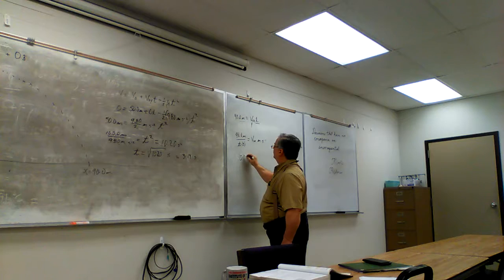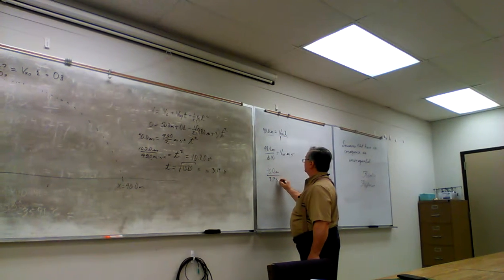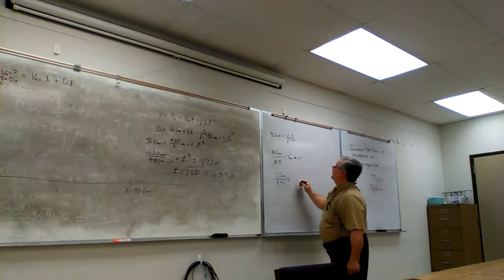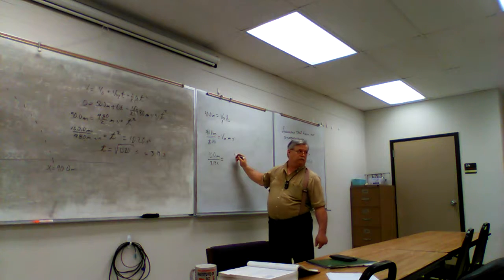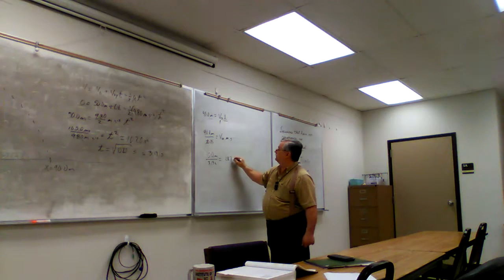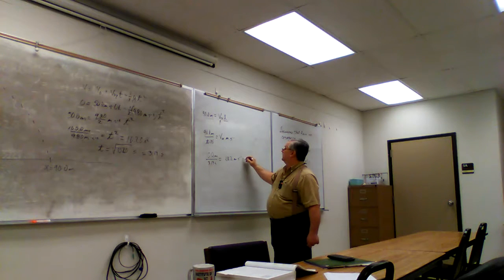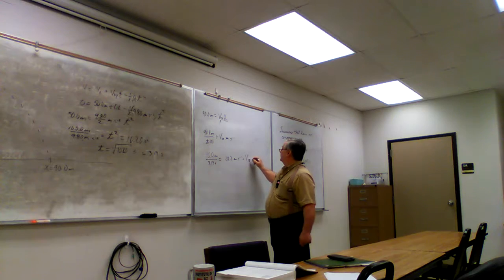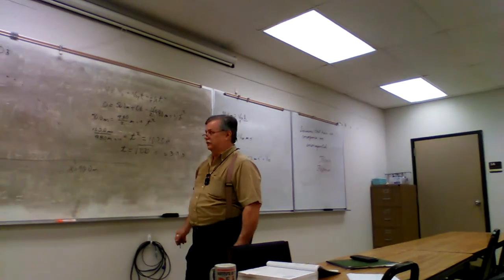We take 90.0 meters divided by 3.19 seconds, which gives us 28.2 meters per second is our initial velocity in the horizontal, along in the x direction.